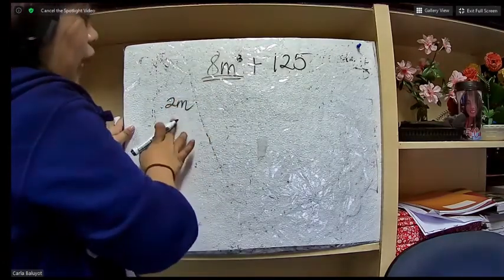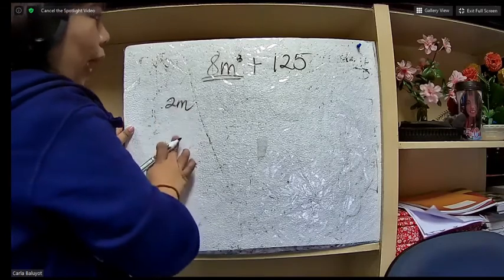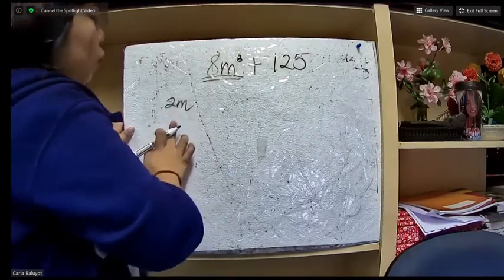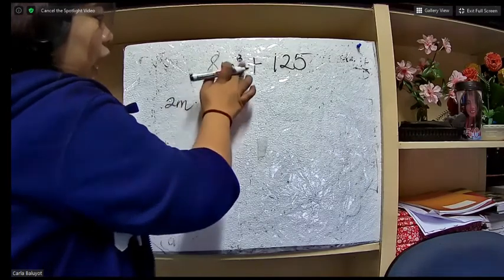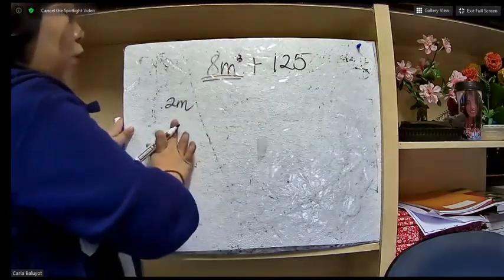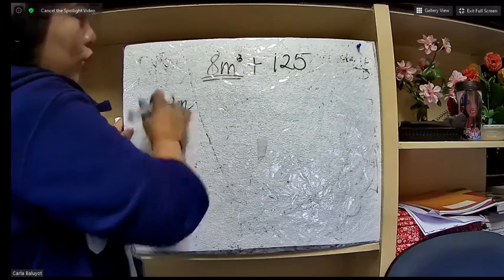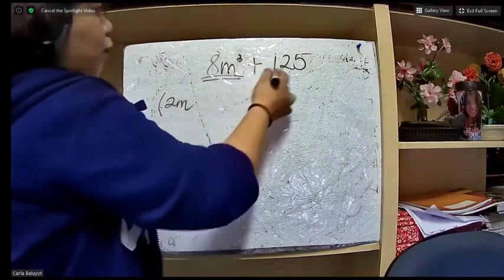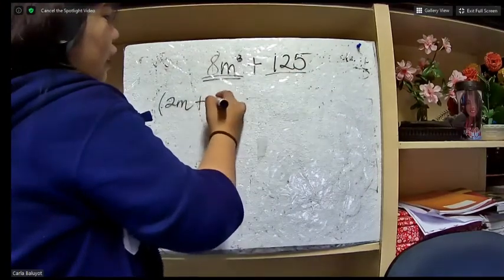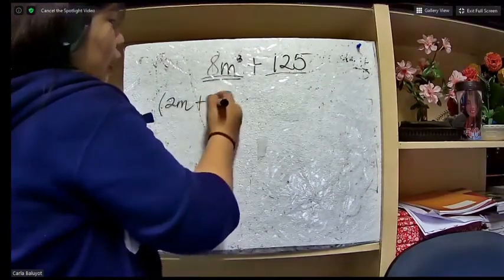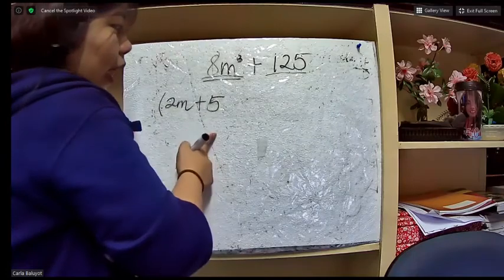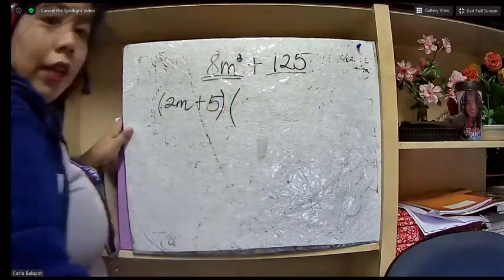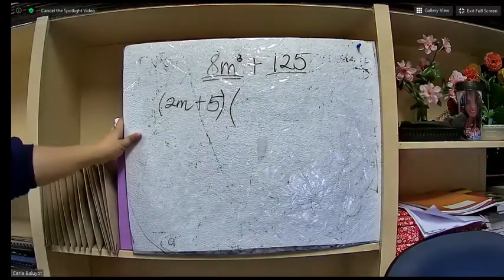Ibig sabihin, pag tinimes mo ng tatlong beses itong si 2m, si 8m cube ang makukuha mo. 2m times 2m times 2m is 8m cube. That's why this one is the cube root. Okay, next. Ano ang cube root ni 125? 5. Dahil pag tinimes mo si 5 times 5, 25 times 5, 125. Yun yung ibig sabihin ng cube root.